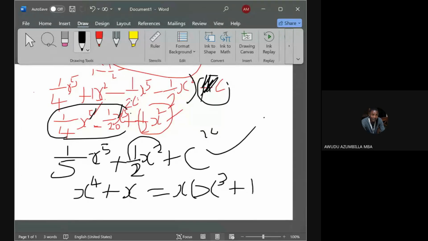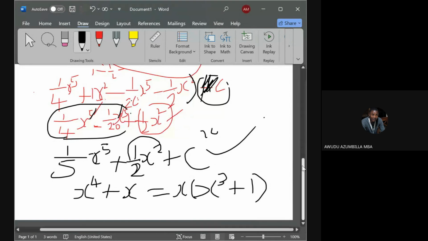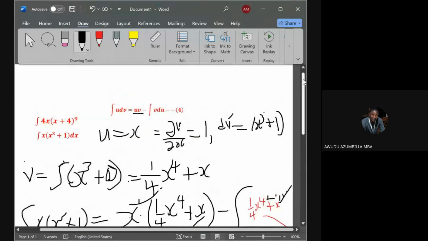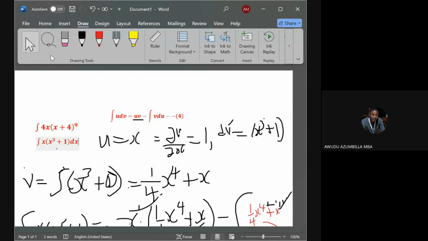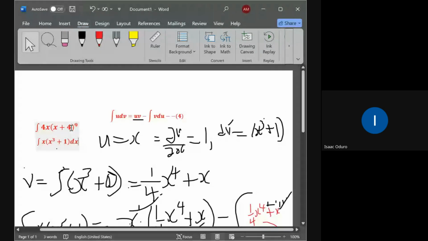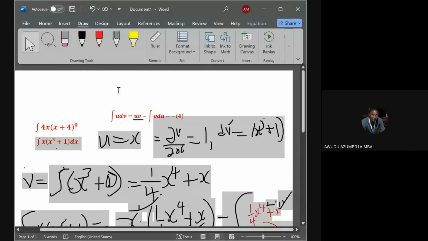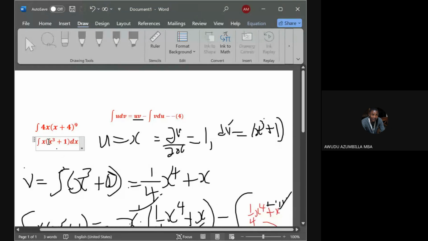Yes, 1. That's good. Now, let's compare this one. So we have x into bracket, x cubed plus 1. Let's compare it to the main function given to us and see. Look at the function given to us here. Look at this very well.